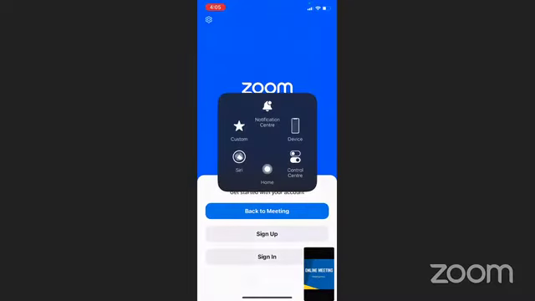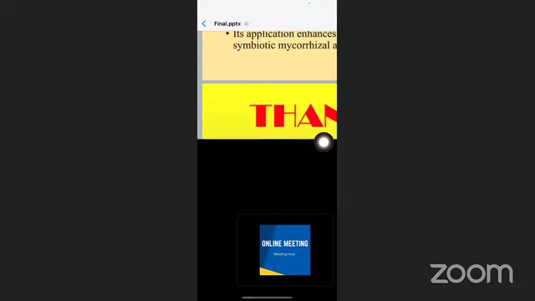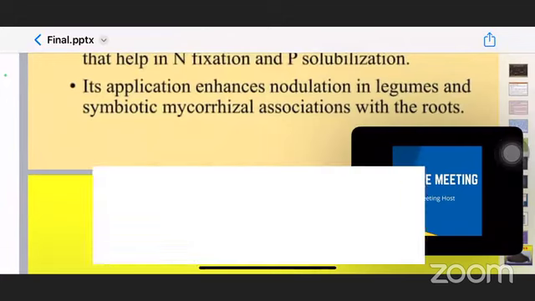First question: what are the key advantages of setting up a commercial vermicompost unit compared to other composting methods?